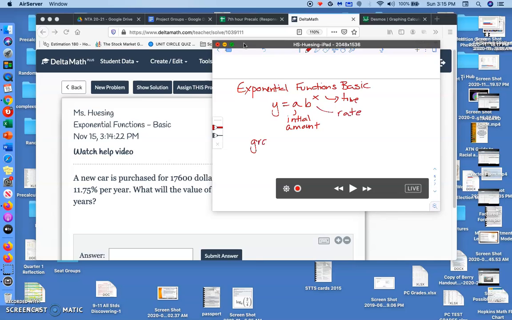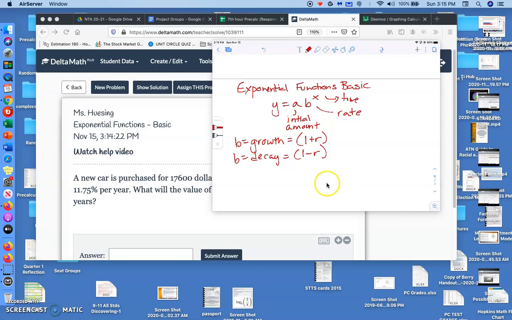If something is growth, b is 1 plus our rate. If it's decaying or going down, it's 1 minus our rate for that b value. So we always have to remember to do the plus or minus.